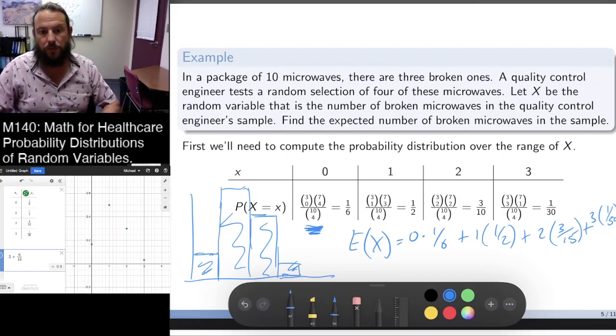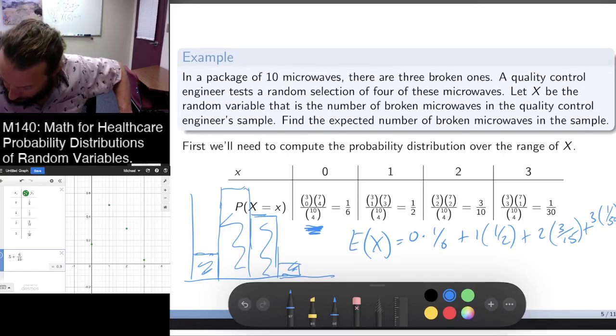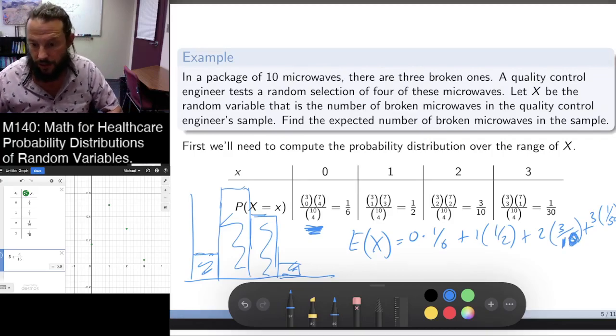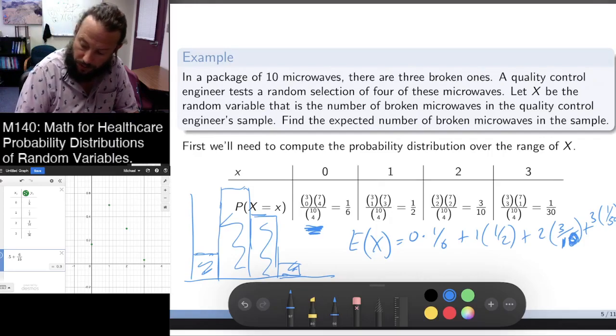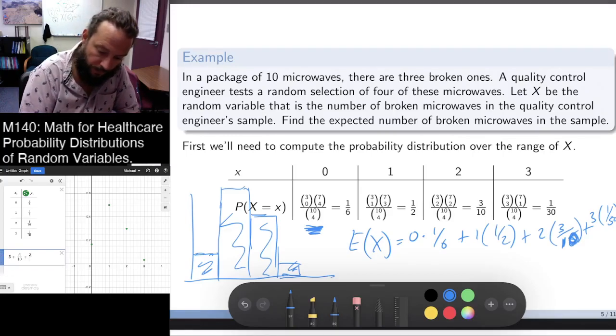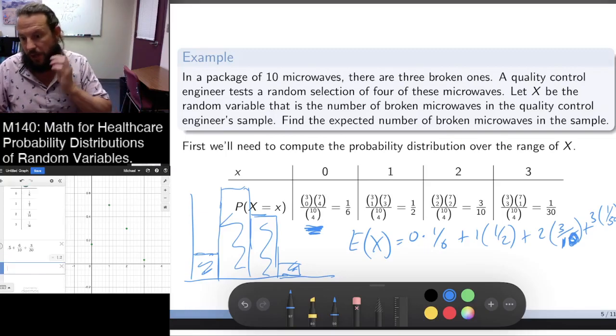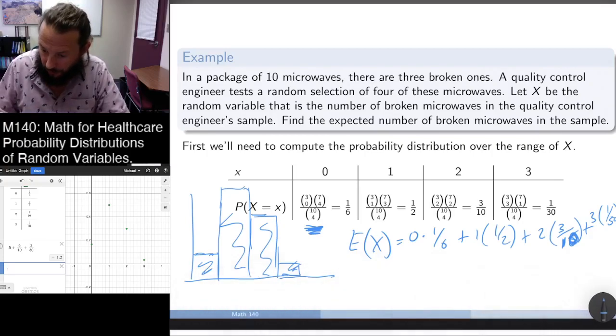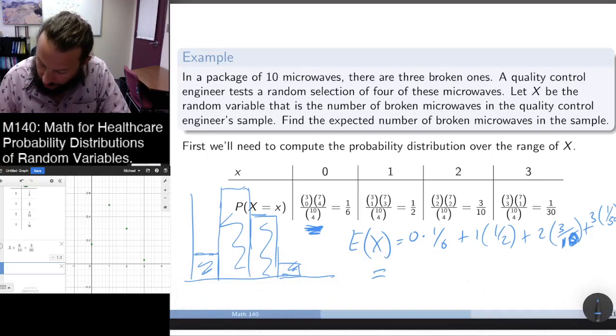Oh, I wrote something wrong there. Sorry. This is 3/10, not 3/15. I don't know why I wrote it that way. Okay, and we end up with 1.2. All right, so for our expected value here, it's going to be 1.2.